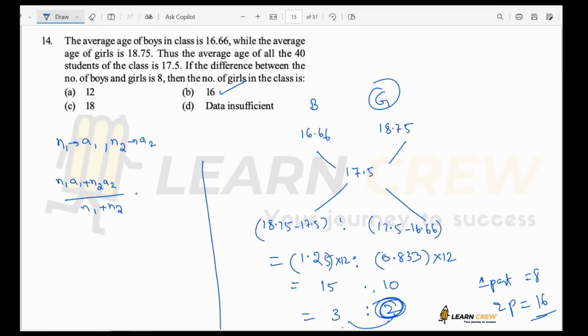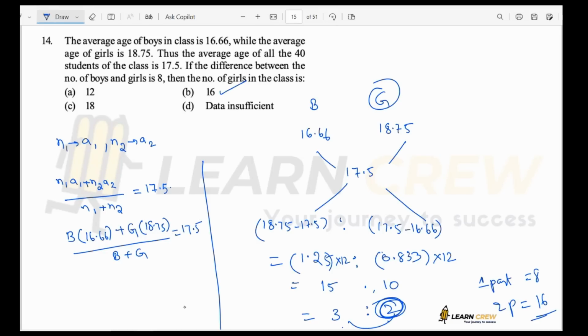This combined average is given as 17.5. The number of boys you don't know, their average is 16.66. Number of girls you don't know, their average is 18.75. Divided by number of boys plus number of girls, B plus G, is equal to 17.5.